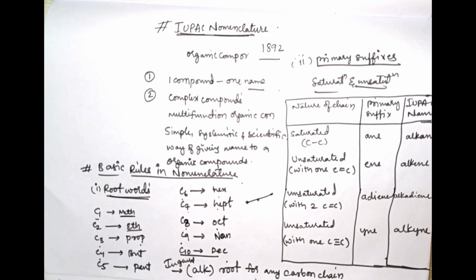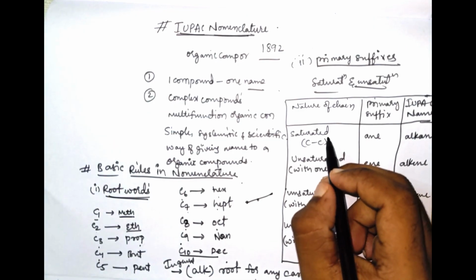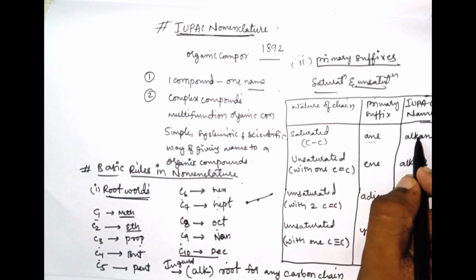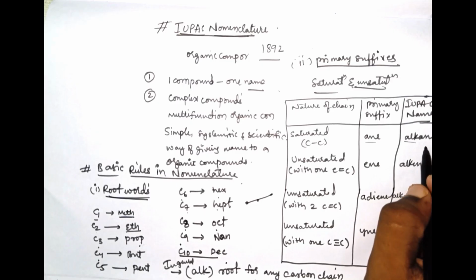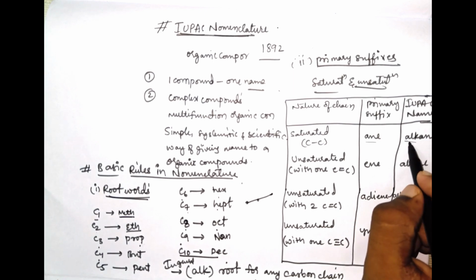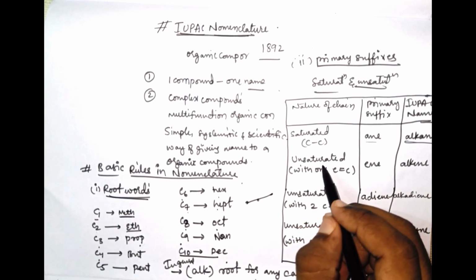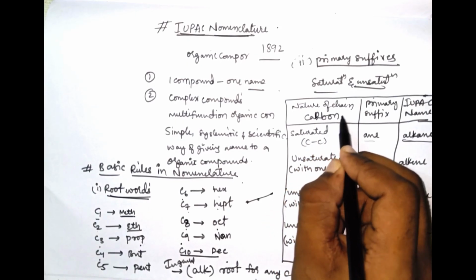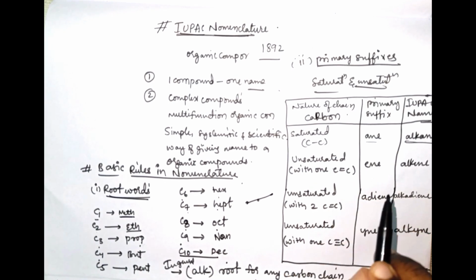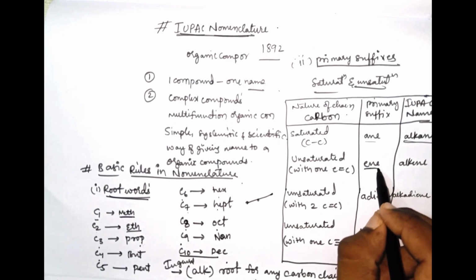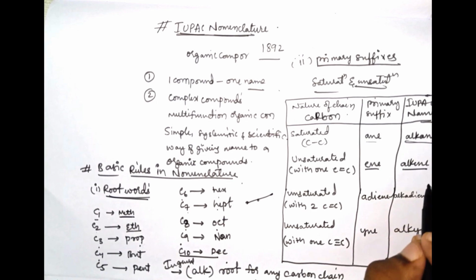If the chain of hydrocarbon is saturated with single bonds, then the primary suffix would be -ane. In general, as I've told you, the root word for a carbon chain is alk. We add the primary suffix after the root word and it becomes alkane. If the carbon chain has one double bond, it becomes unsaturated and will have a primary suffix of -ene, and its IUPAC name becomes alkene.